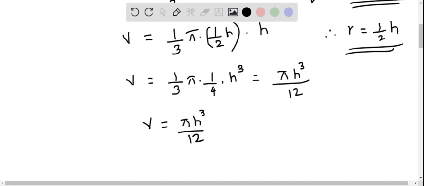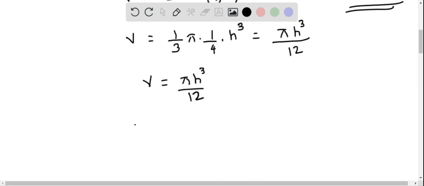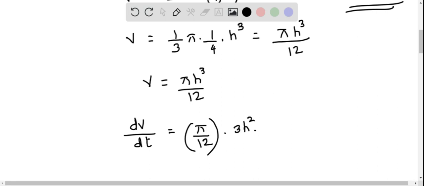Now let's differentiate both sides with respect to time. So this is dV by dt equals, note that pi by 12 is a constant, so we will not have to differentiate it. We can apply the constant multiple rule and then differentiate only the h cube. When you differentiate h cube, we get 3h squared, that is a differentiation using the power rule, and then we have to differentiate h with respect to time.